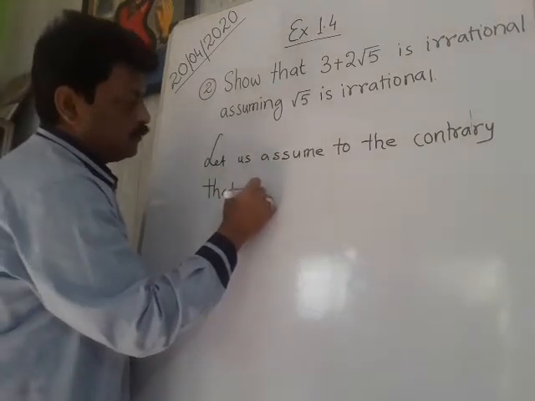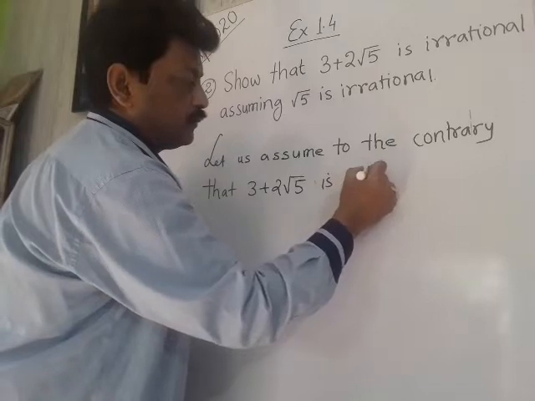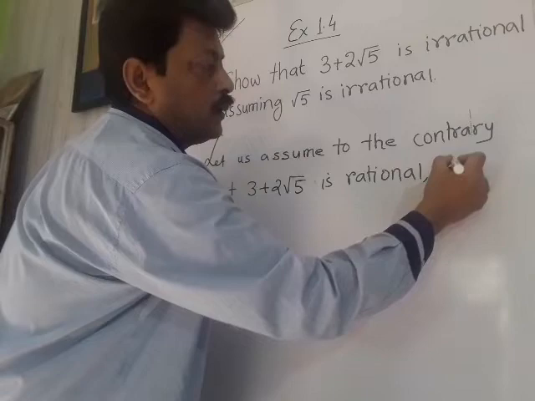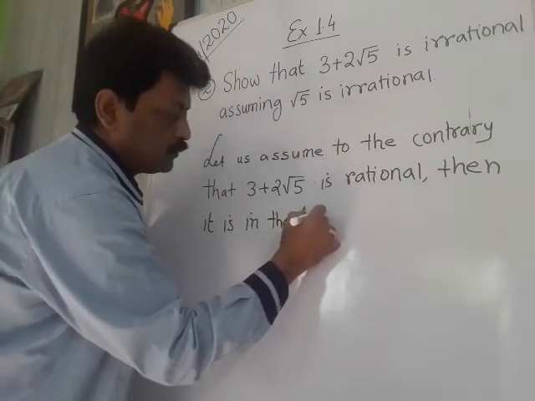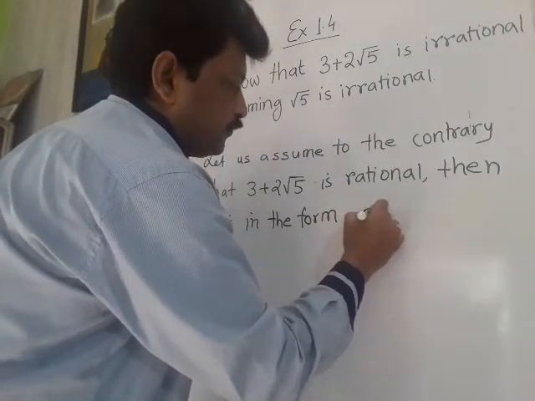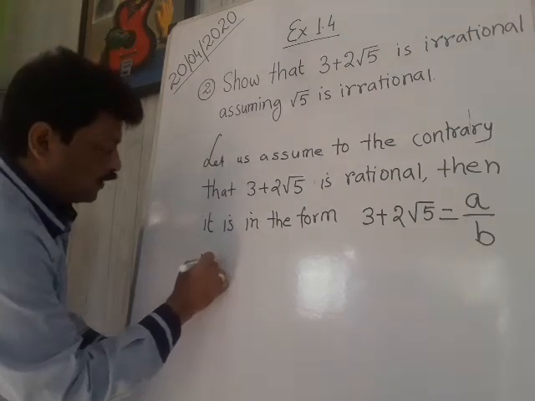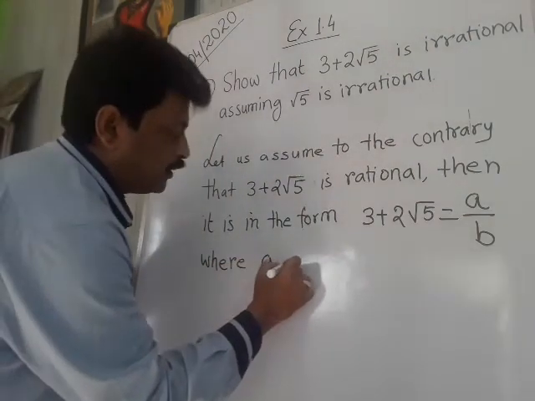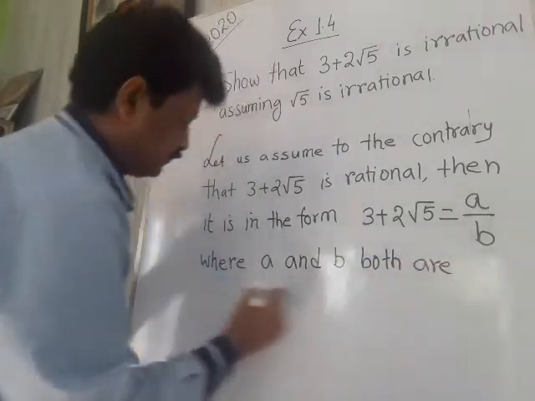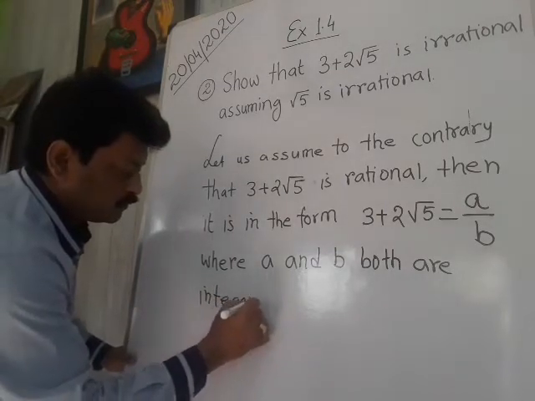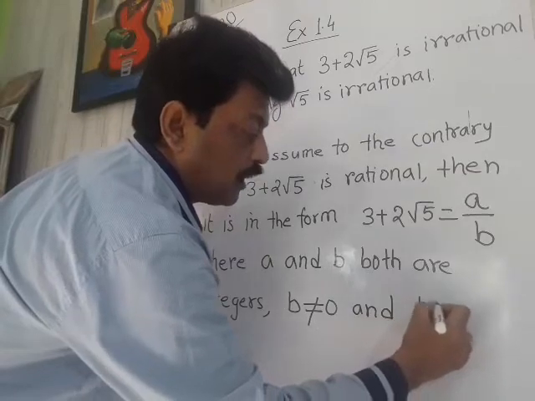that 3 plus 2 root 5 is rational. Then it is in the form 3 plus 2 root 5 equals a by b, where a and b both are integers, b not equals to 0, and both are co-prime.